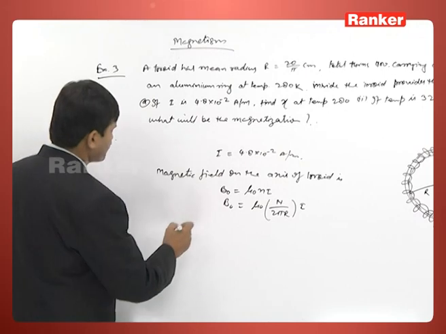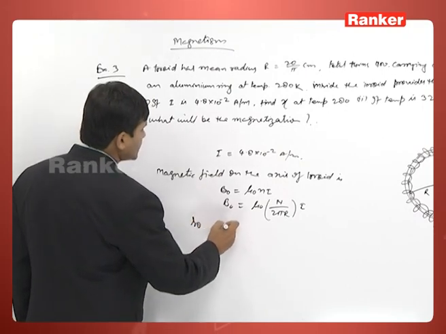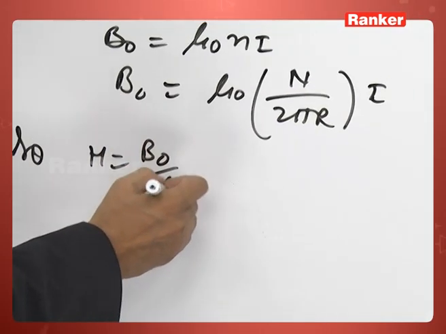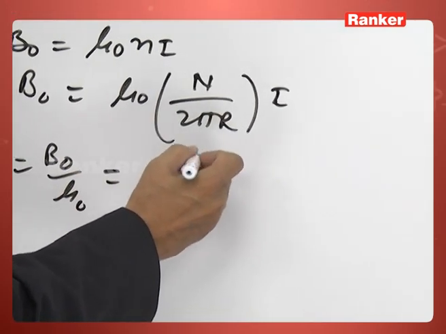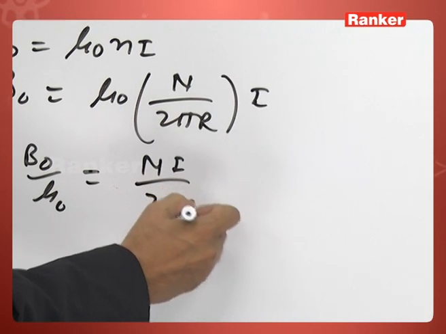So H is equal to B naught by mu naught, which is Ni by 2 pi r.